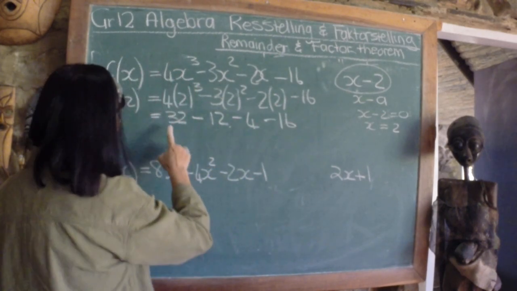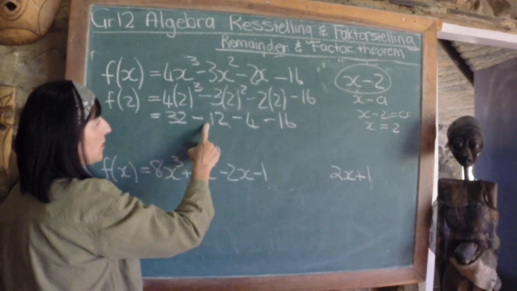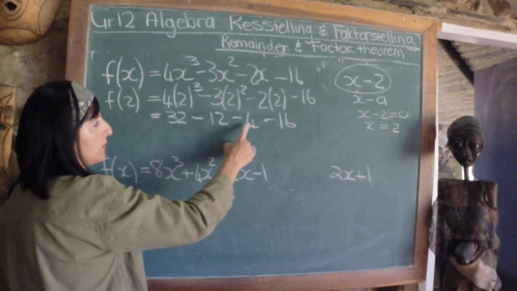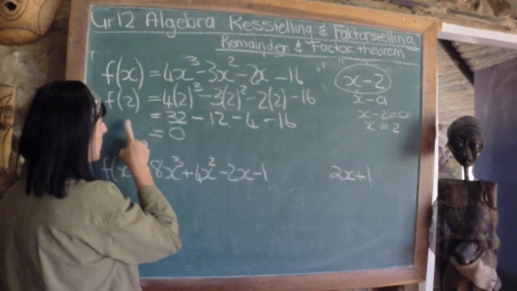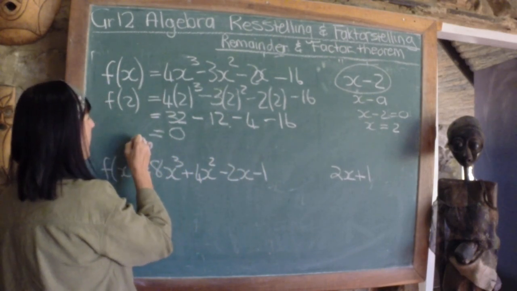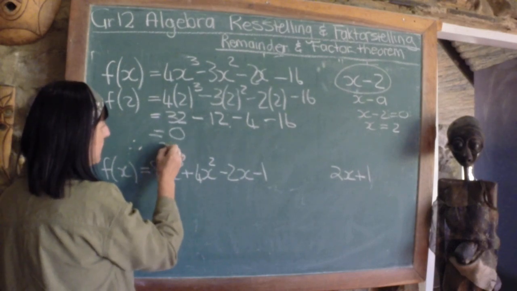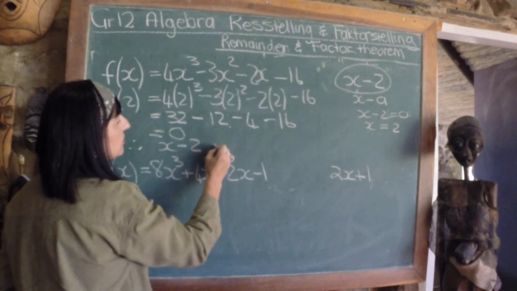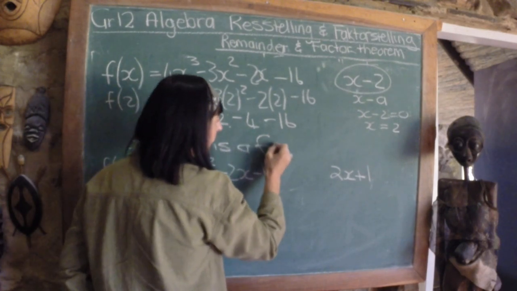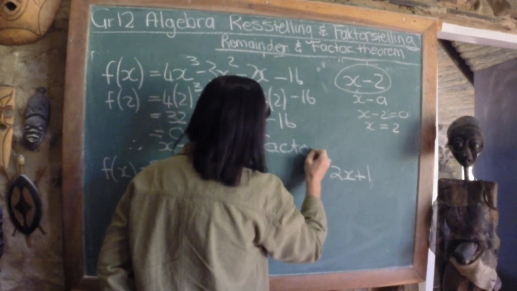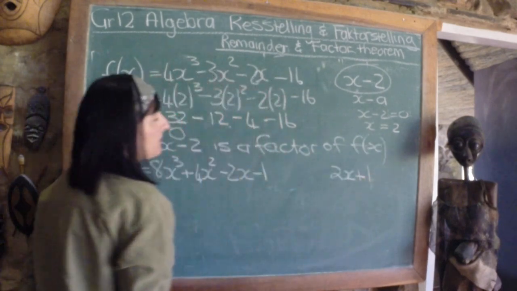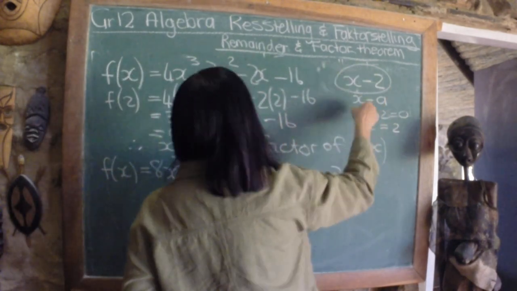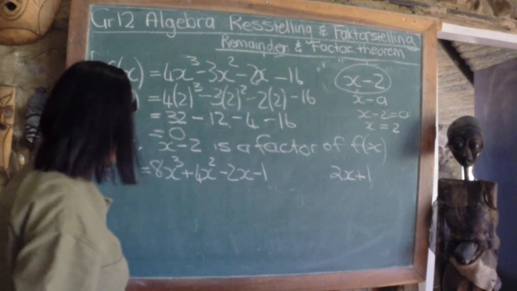So if we look, this is 32, minus 12 gives me minus 20, minus 4 is 16, minus 16 is 0. Because that equals 0, therefore, I've proven that x minus 2 is a factor of f(x). That's how I prove that this binomial is a factor of this polynomial.